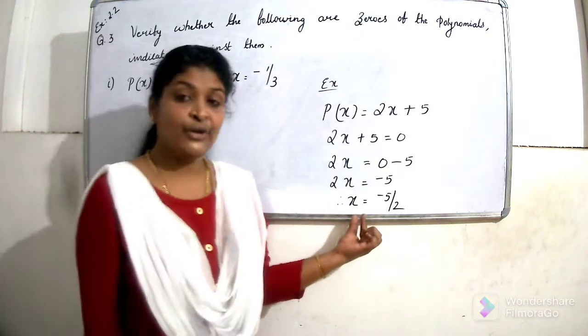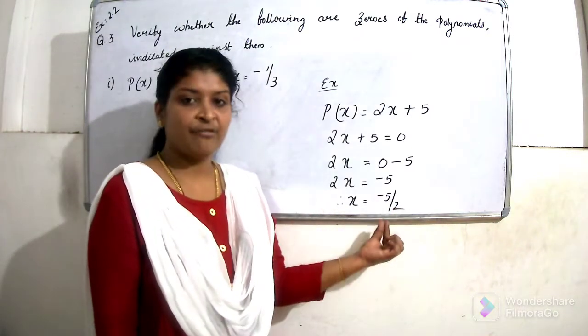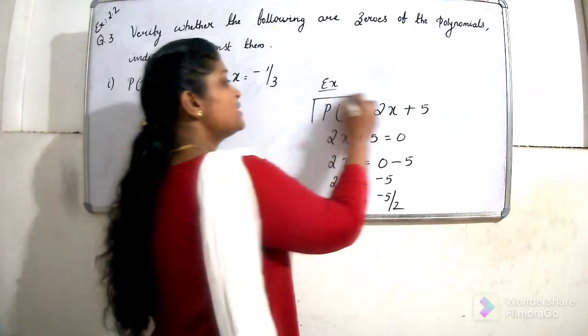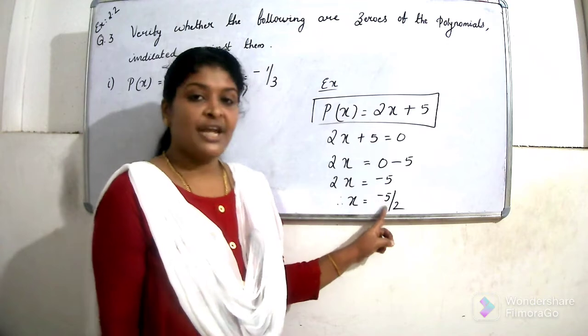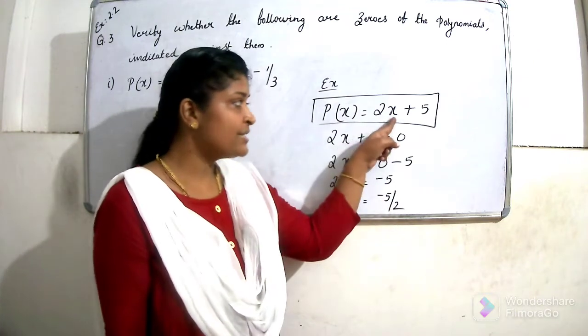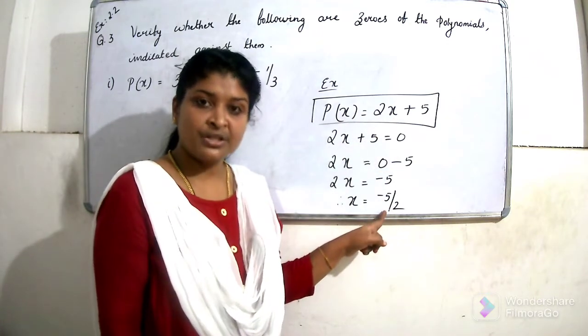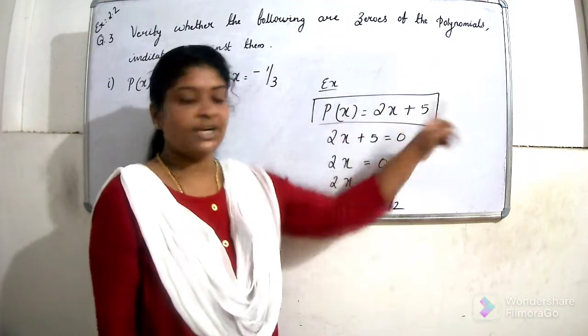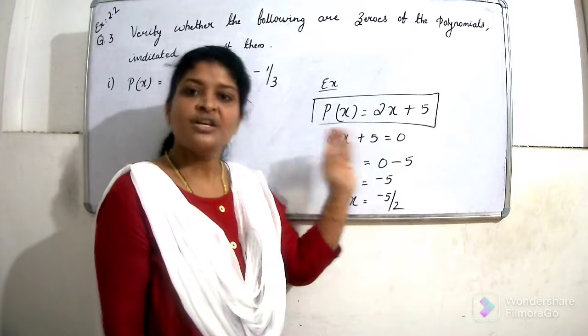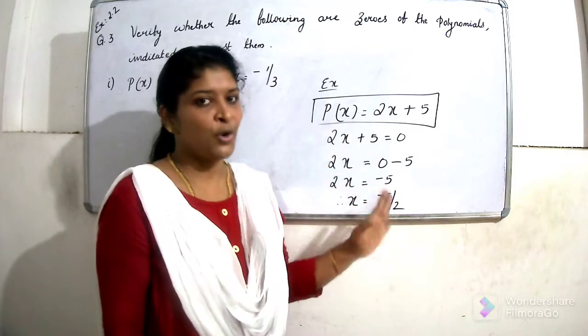So we got the value of x, negative 5 by 2. For this polynomial, the zero of the polynomial is negative 5 by 2. That means when we substitute x as negative 5 by 2, the polynomial turns fully into 0. So this is the zero of the polynomial.